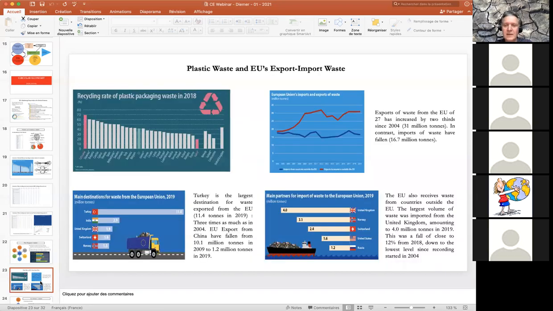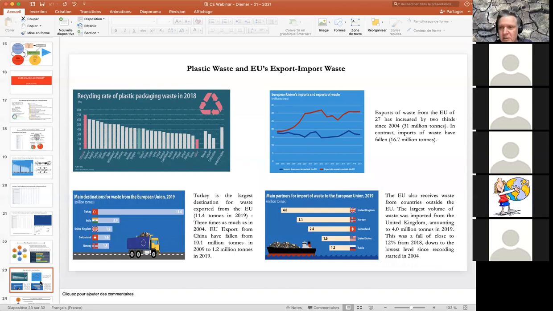Recycling is just one design of the system. And if you check the connection with the system, I'm coming back to my link at the micro level about trading and extraction. If you take the example of plastic waste, you see that we improve the recycling rates year after year.